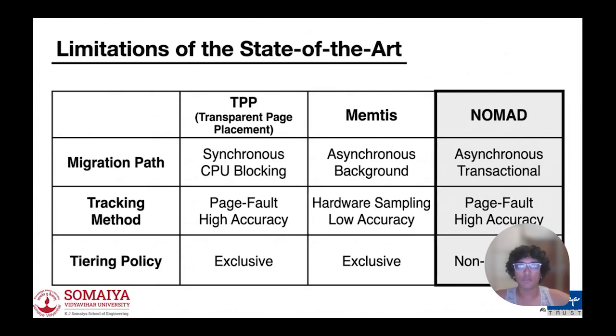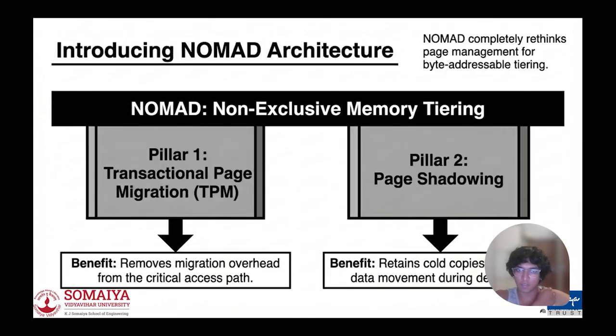MEMTIS goes asynchronous using hardware performance counters, PEBS on Intel, which is off the critical path, but its sampling based tracking is coarse grained and misses a lot of pages, especially those that always hit the CPU cache and never generate a cache miss to sample. Critically, both systems use exclusive tiering. That's the fundamental limitation Nomad is designed to fix.